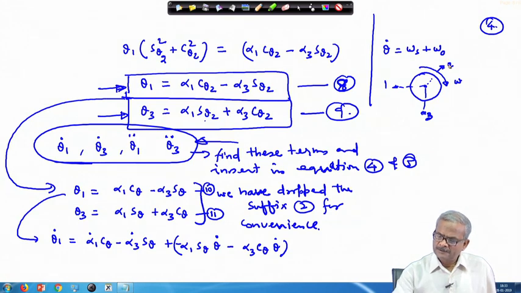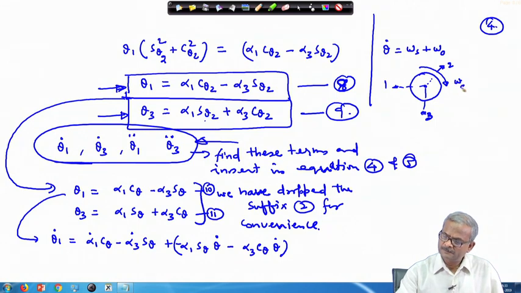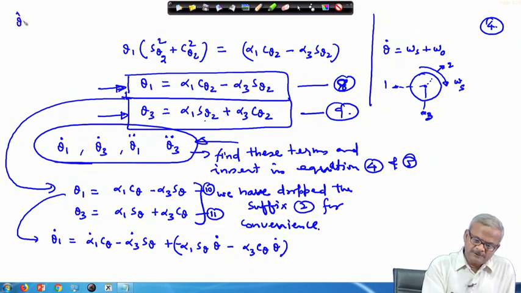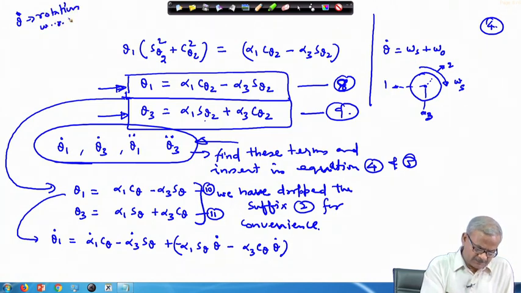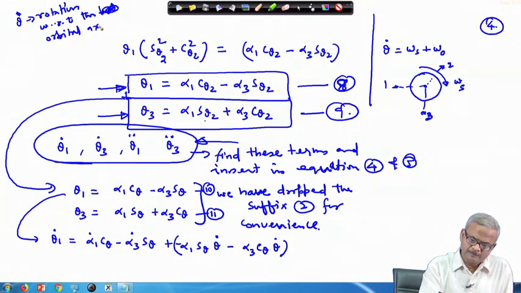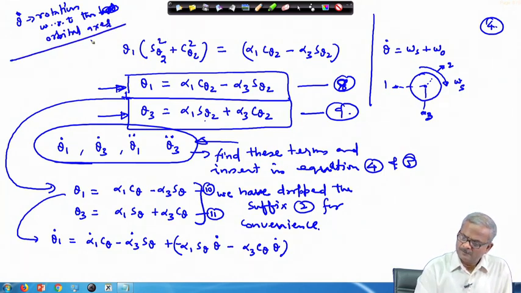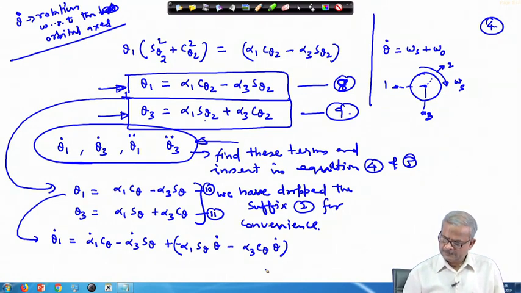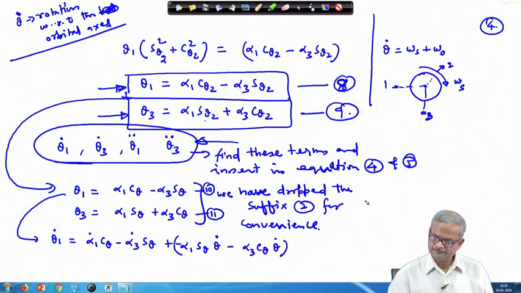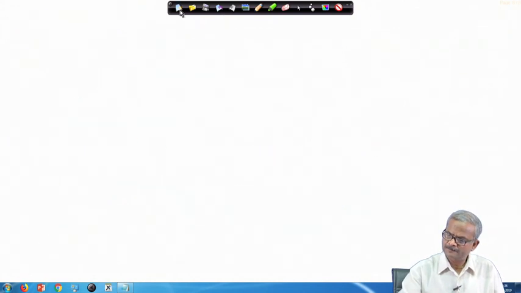And theta dot is the rotation with respect to the orbital axis. Okay. So, we will write it on the next page.